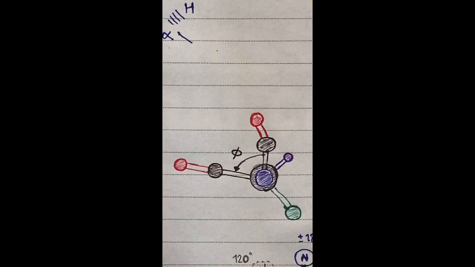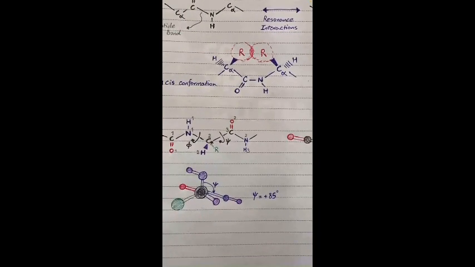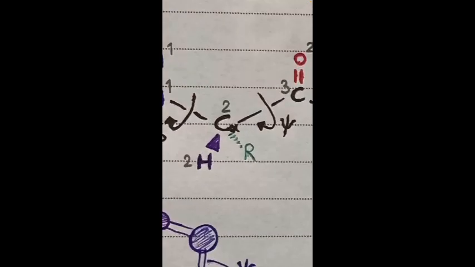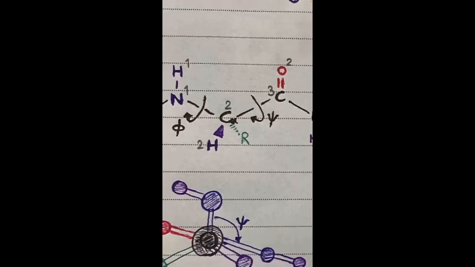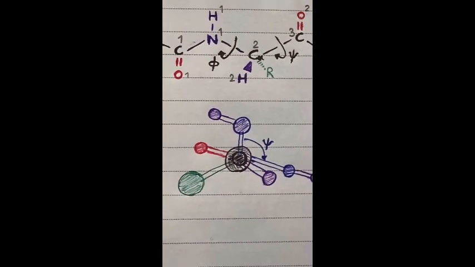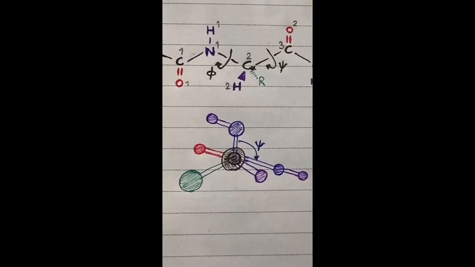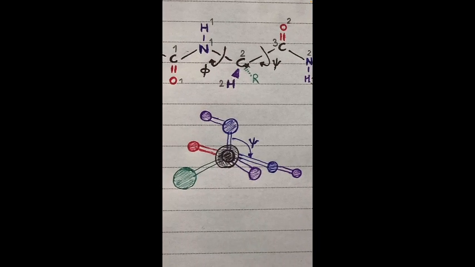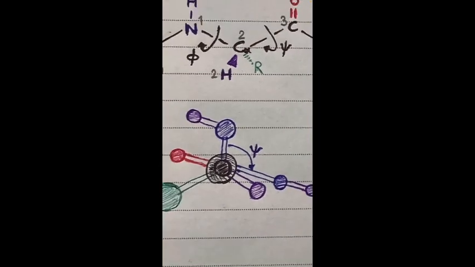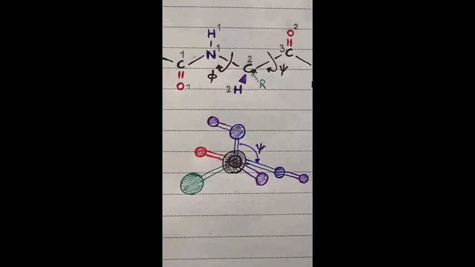And if you're the alpha carbon, or carbon number 2, and you're looking through carbon number 3, which would give you this view, then the angle between the two amide groups gives you the angle called psi, or you can also say the angle between nitrogen, alpha carbon, carbon, and nitrogen.